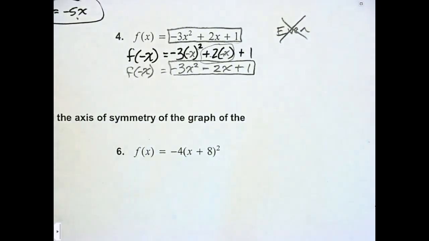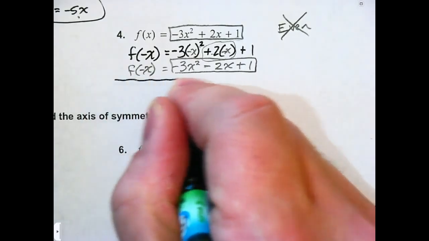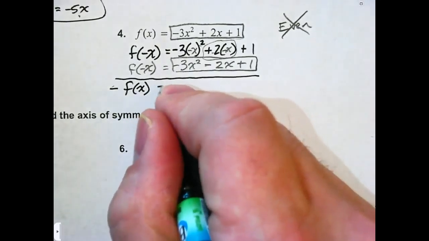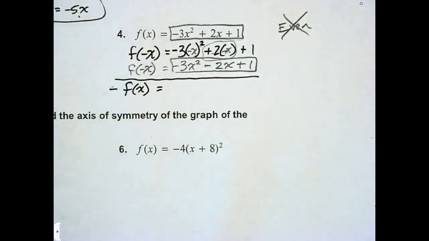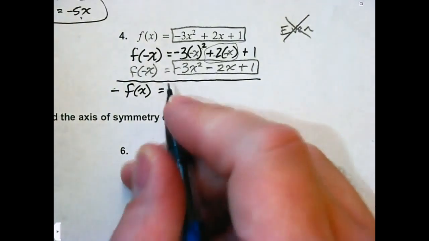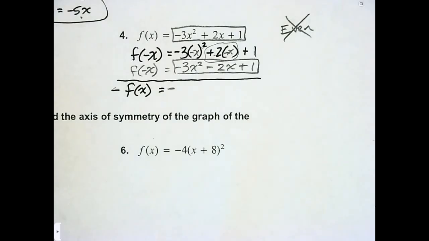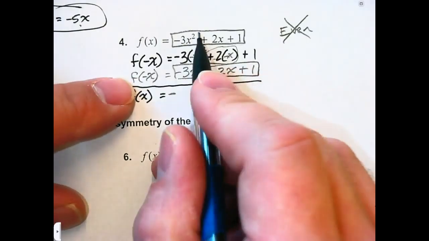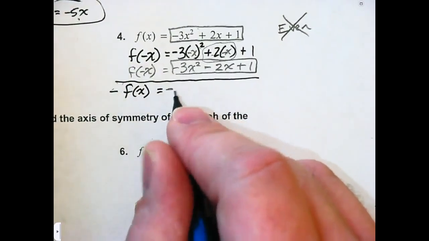Okay. Everyone needs to figure out what negative f of x is. I'm teaching. You should be doing this right now. Pause for a minute. I'm going to put a negative sign out in front. The only difference is I'm taking whatever f of x is, this thing up here, and putting a negative out in front.